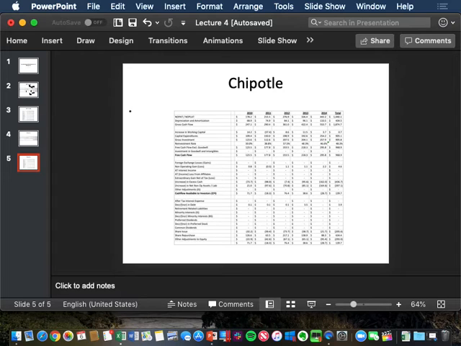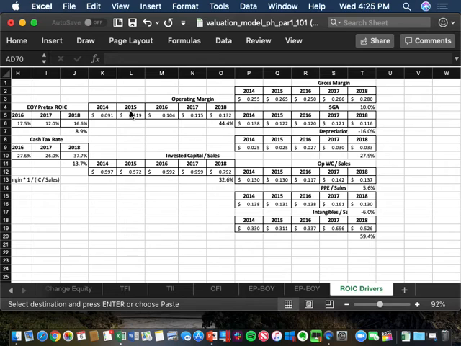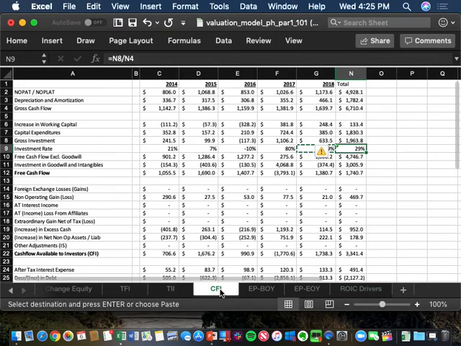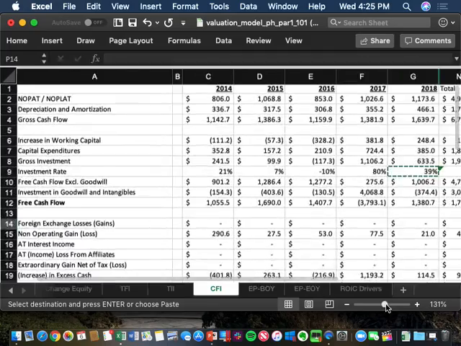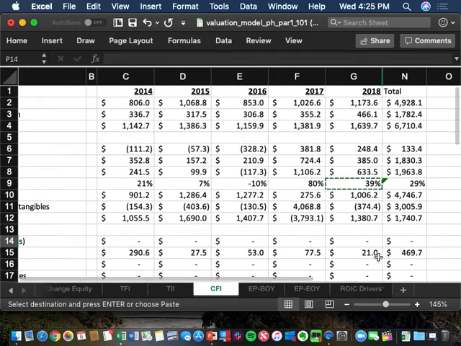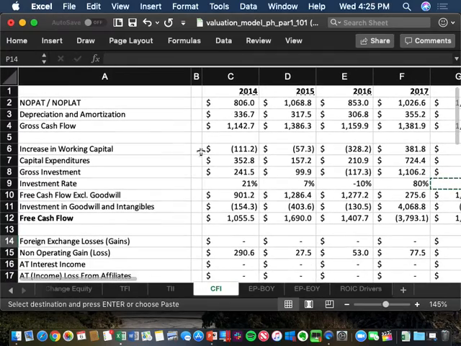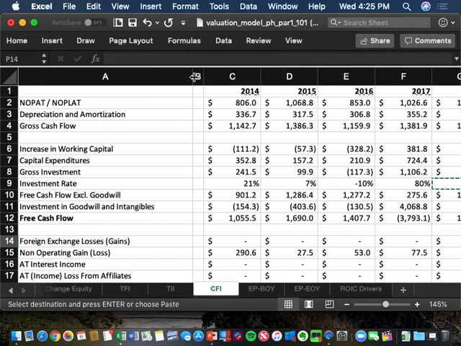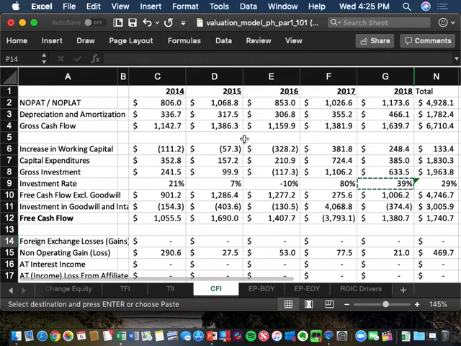So last but not least, I want you to go back to a more complicated company, Parker Hannifin. So here is their CFI. And I'm going to blow this up a little bit. Try and fit it onto one screen.